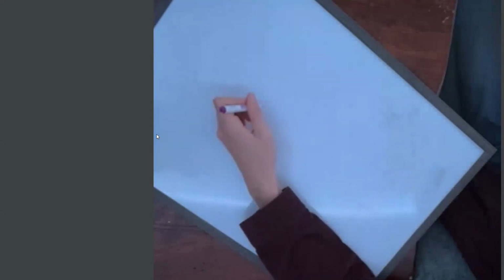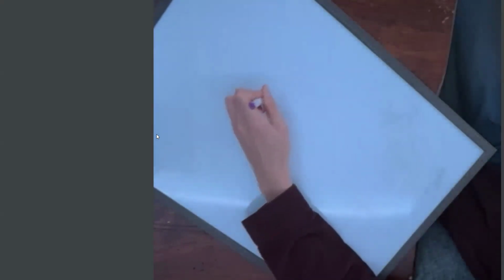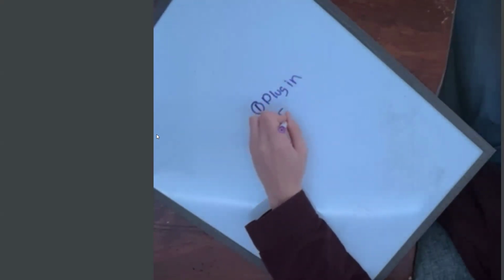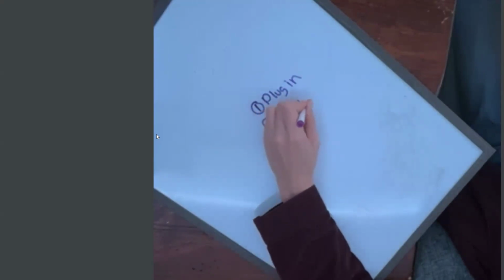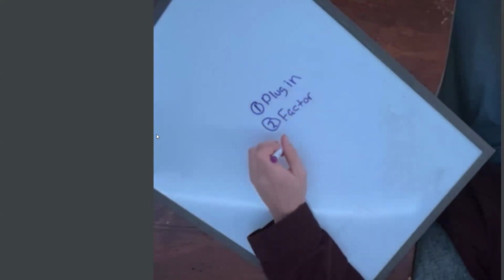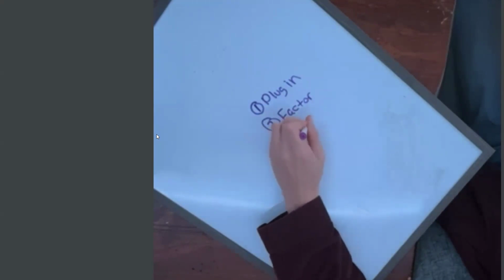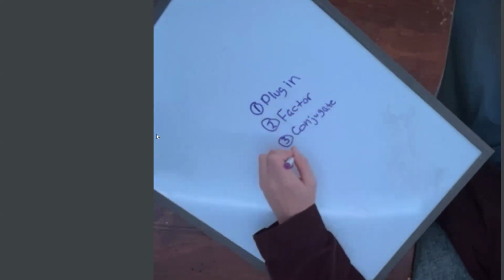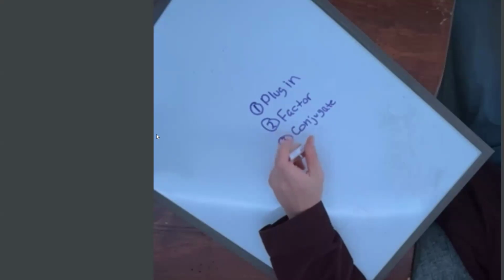Now, sometimes you have to solve limits, and there are five main ways to do it. Plug in the value, that's the first thing you could do. Second thing is you might have to factor. The third thing is use the conjugate. Fourth thing is squeeze theorem.